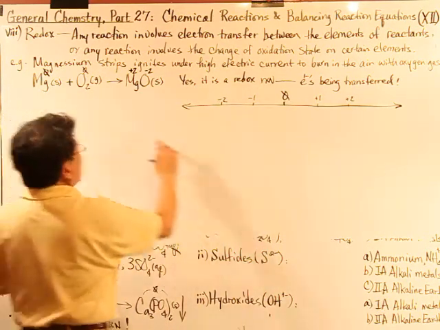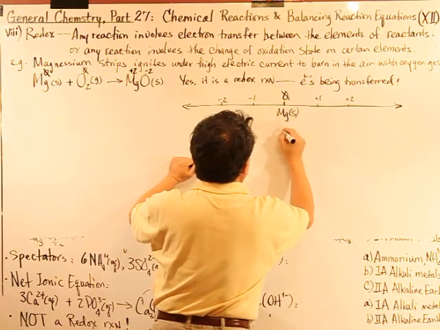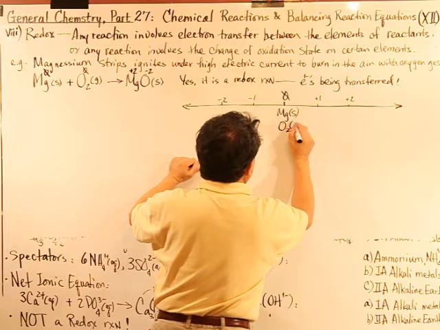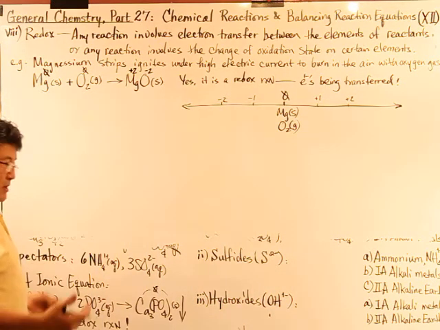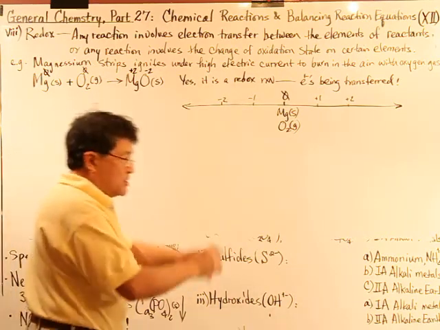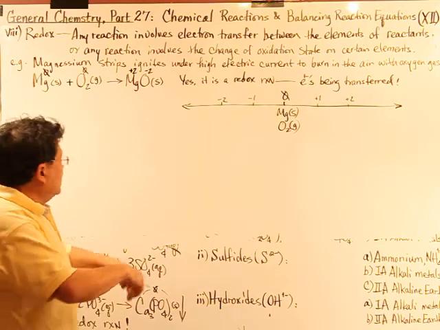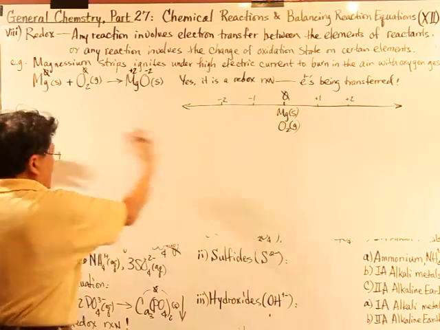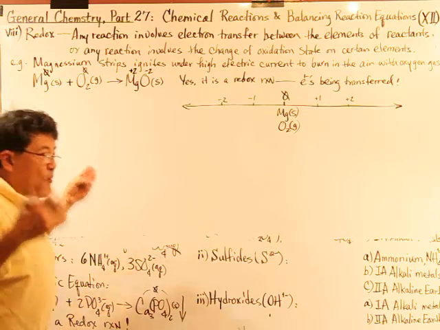So both start from neutral, magnesium, solid, then oxygen, gas, correct? Now after reaction, they burn, right? Energy released, right? They put energy in there to burn. After energy gets in, there is initially a collision of those two elements, their atoms, and then they form bonding.